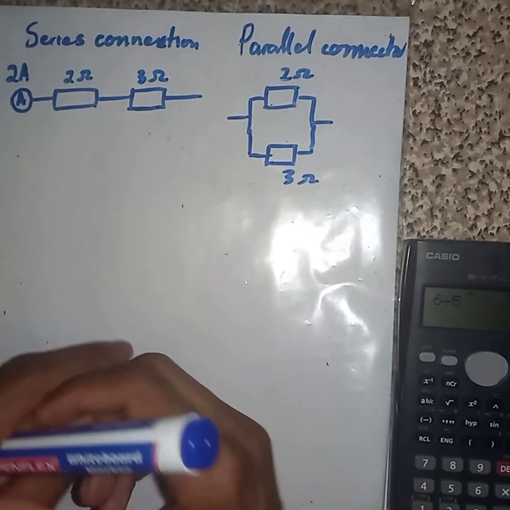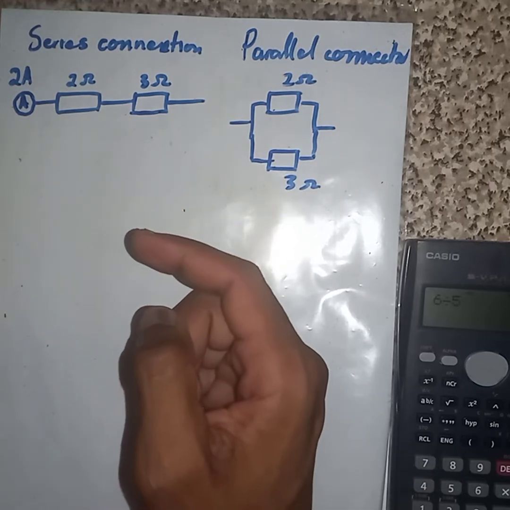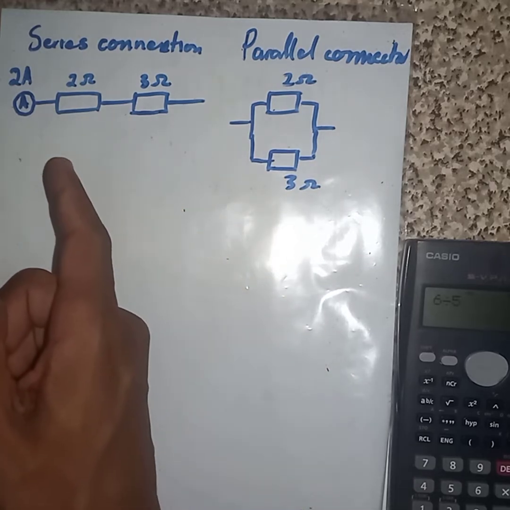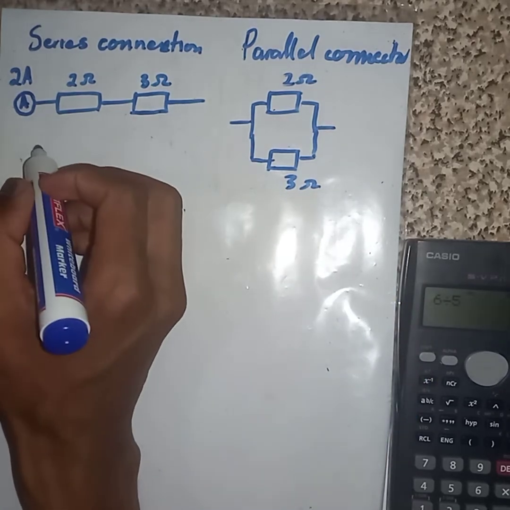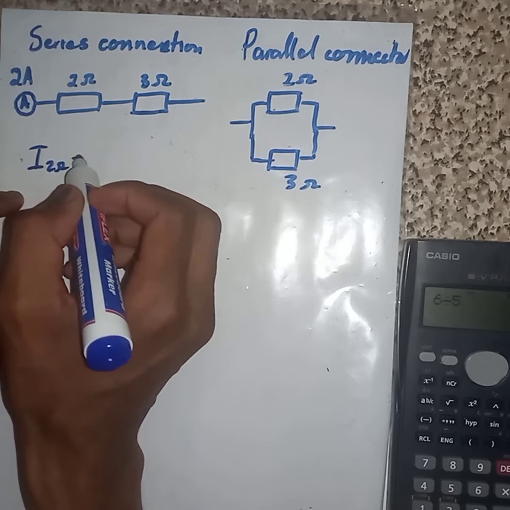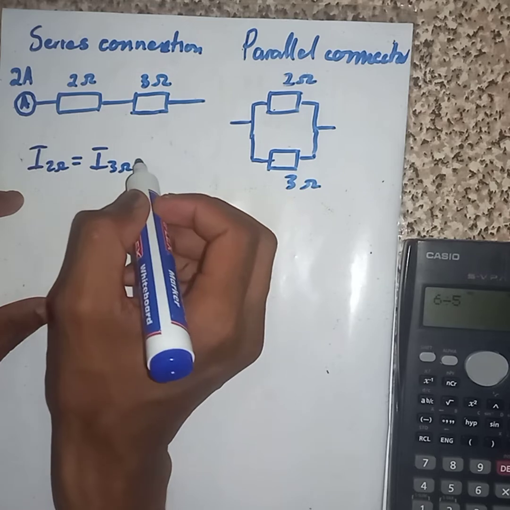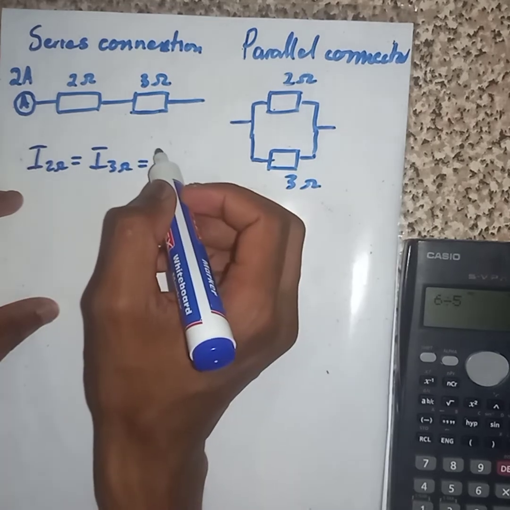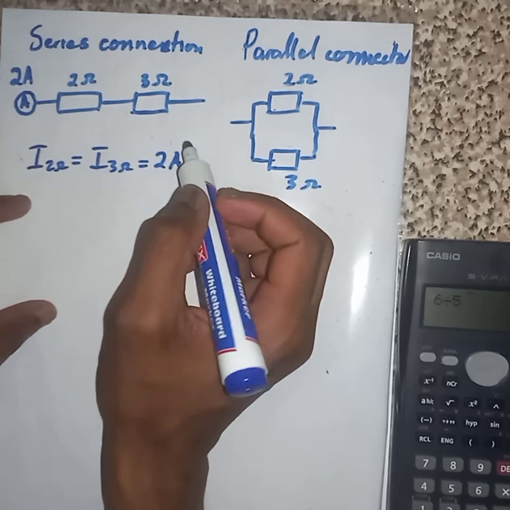Then as a learner, you just need to know, if I have a series connection, the current will be the same throughout. That means the current of 2 ohm will be equal to the current of 3 ohm, which will be equal to the total current, which is 2 ampere.